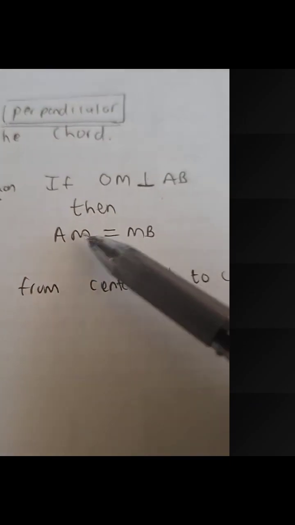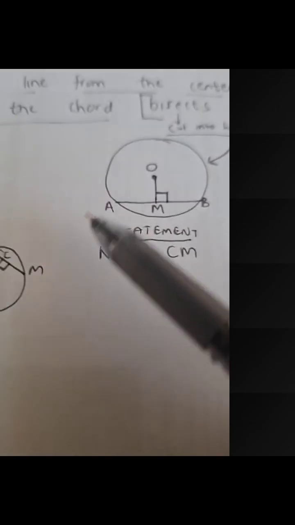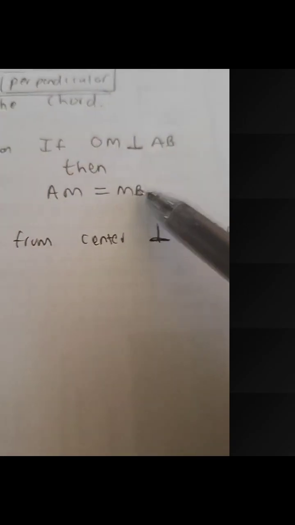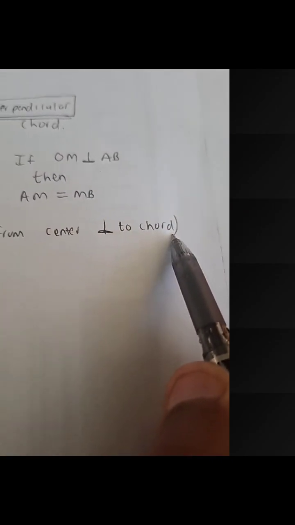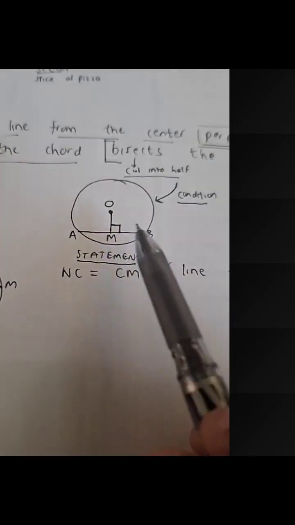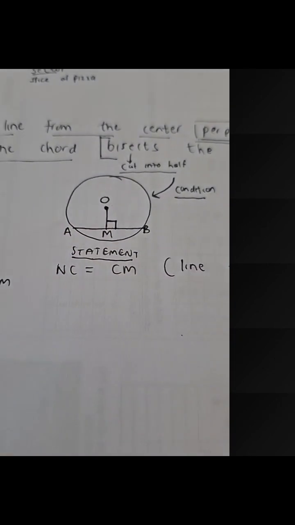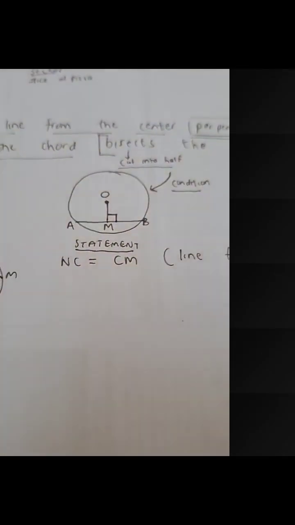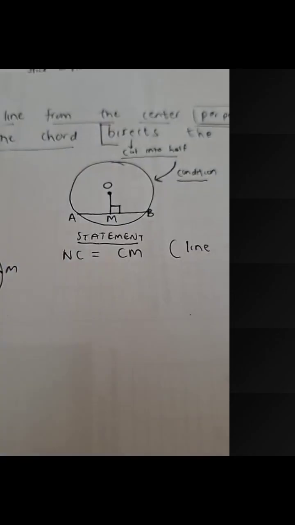Therefore, we conclude and say AM is equal to MB. And what would be our reason? It would be line from center perpendicular to chord. Okay, so it's very important. That is our theorem that we need to know. This is the diagram, guys. The diagram is of this nature for that theorem.